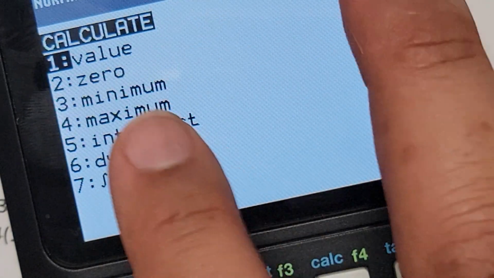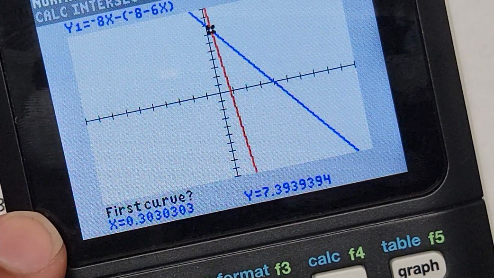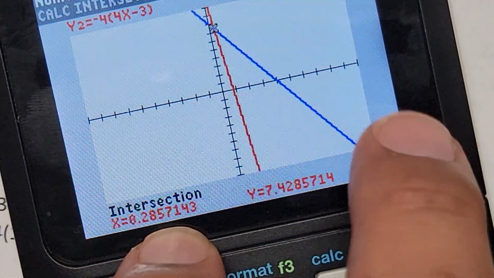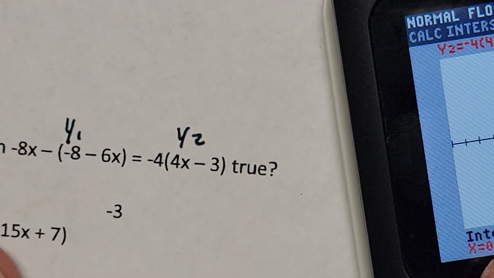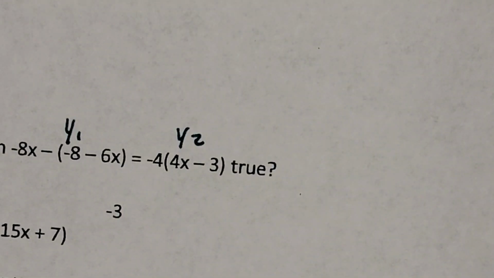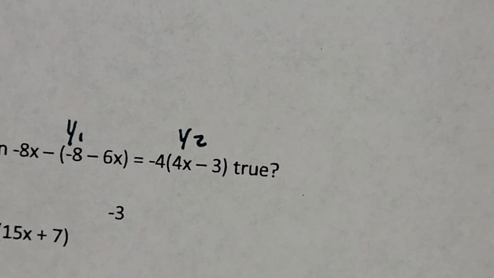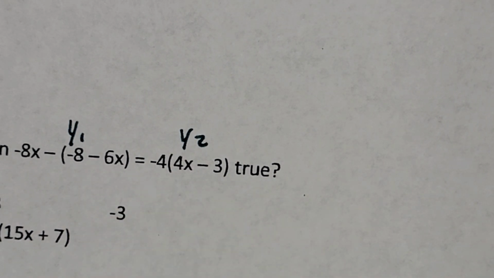So second trace 5. Enter 3 times. 1, 2, 3. Why is it giving me this intersection? All right, for this one, guys, go ahead and write down the decimal. That's very strange.